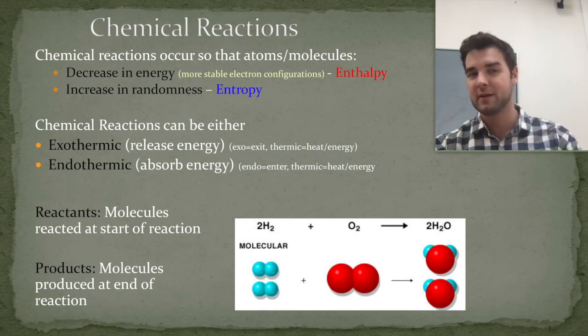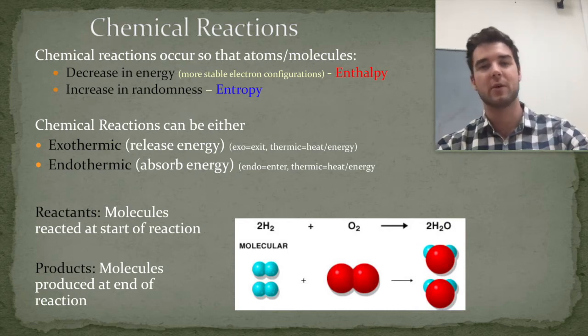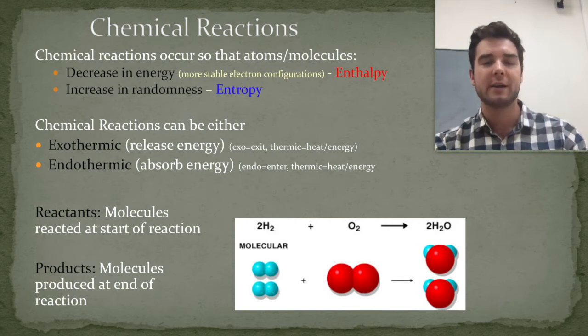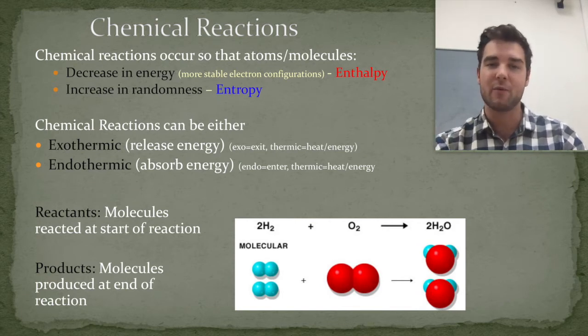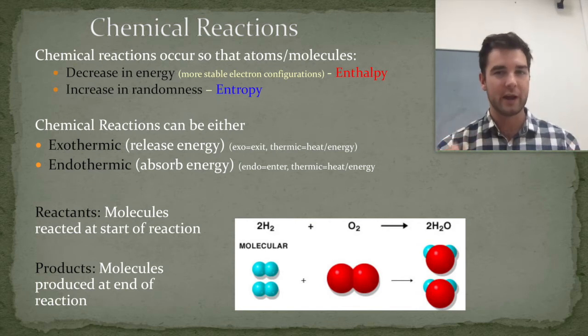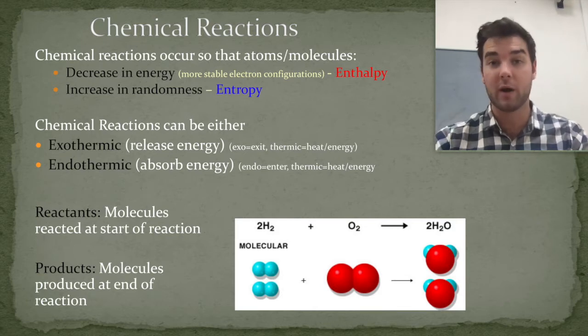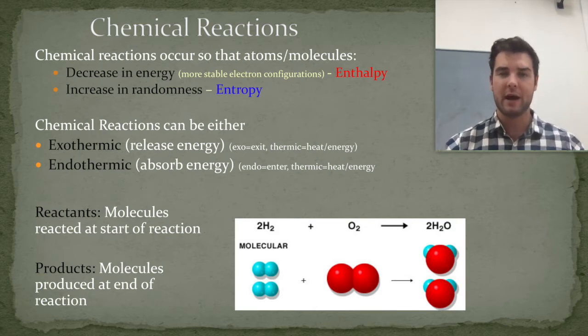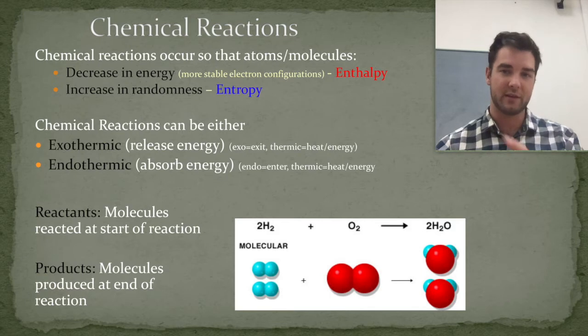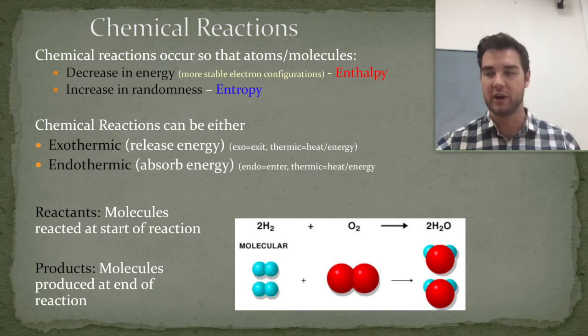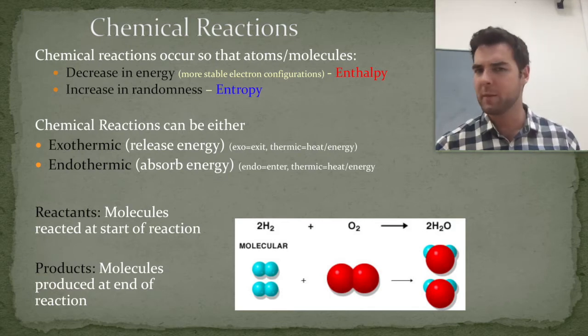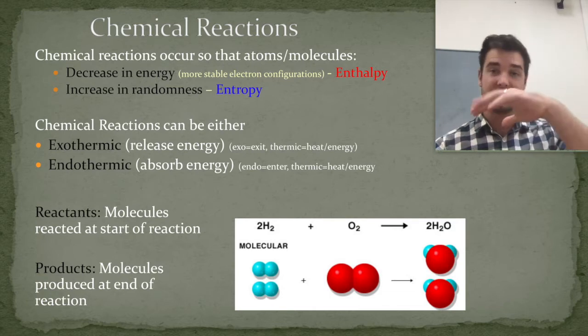The other thing is, and this is something we won't focus too much on, but it's quite peculiar, is that things like to increase in randomness. Things don't like to be ordered, and order is actually quite rare to find. If you have an ordered packet of Pringles, you know how they come stacked and ordered, and you release that onto the ground, they're not going to become more ordered, and they're not even going to maintain their order.